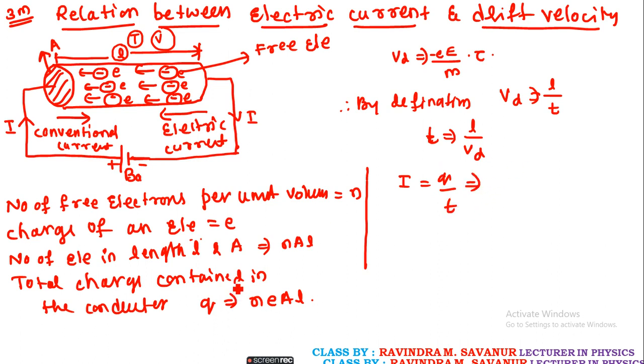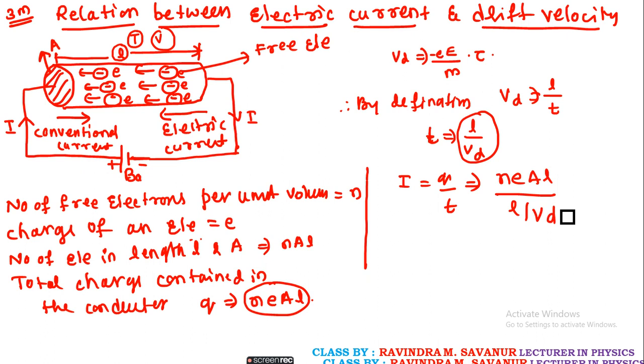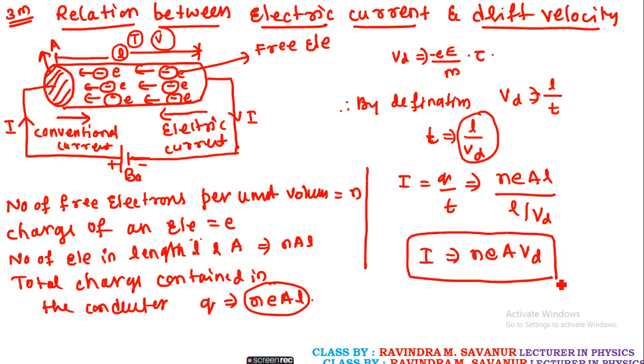The charge here is Q equals nEA into L, and the time is t equals L by Vd. Rearranging all these equations in numerator and denominator, we get the equation I equals nEA into Vd.